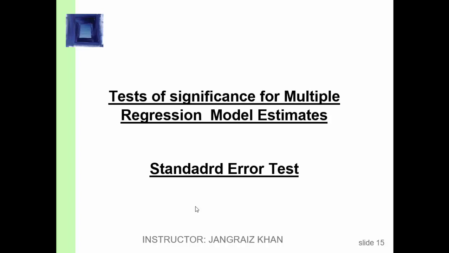For tests of significance for b0, b1 and b2 hat, if you remember, you had the evaluation criteria in the methodology of econometrics, and one of the criteria was the evaluation of estimates, which consisted of economic criteria, statistical criteria and econometric criteria.